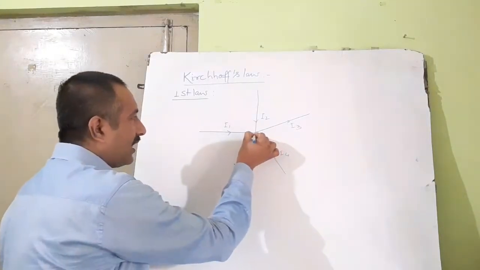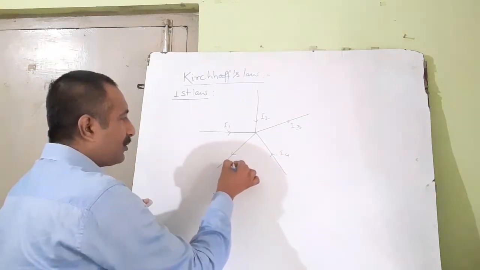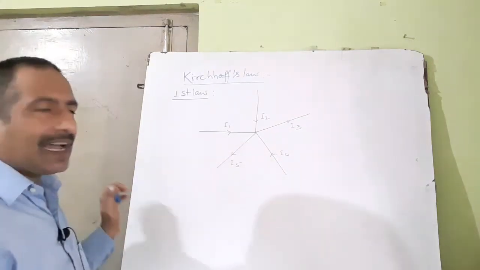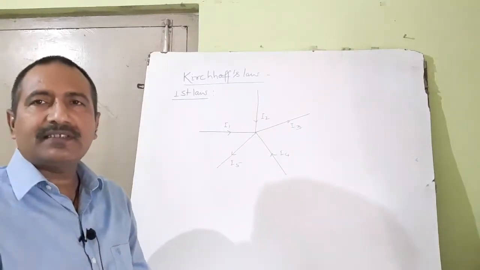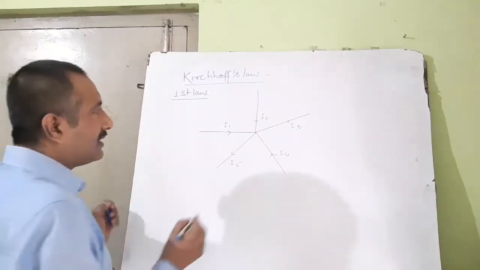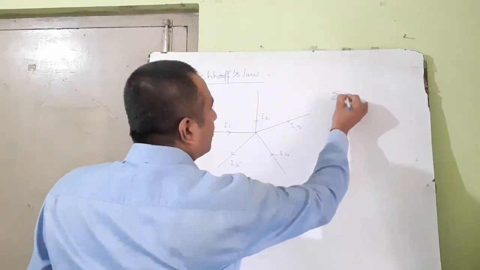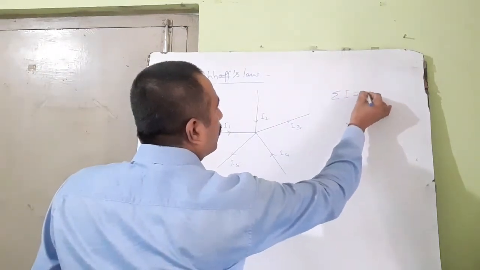Suppose current I5 is going away from the junction. So the algebraic sum of all these currents is 0. This is the first law. That is, sigma I is equal to 0.